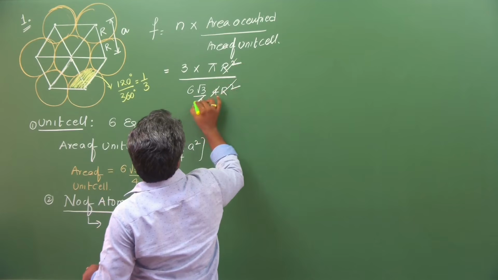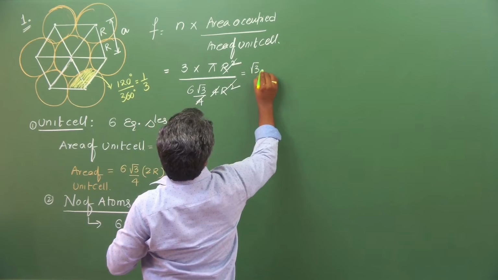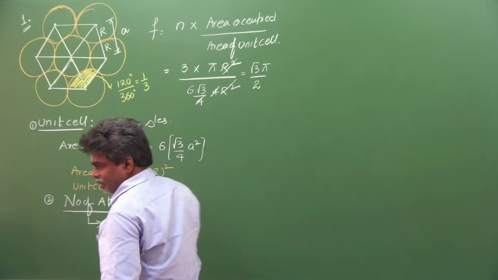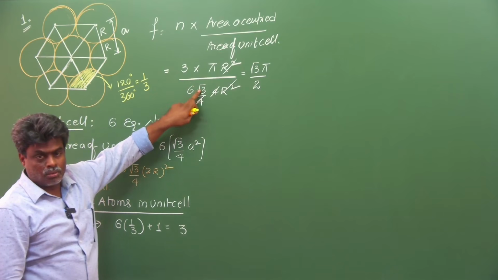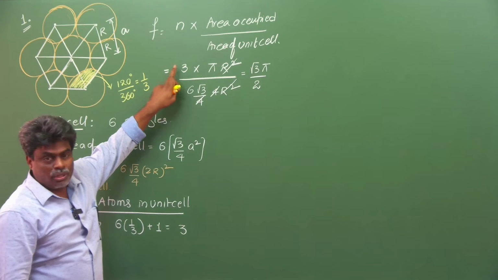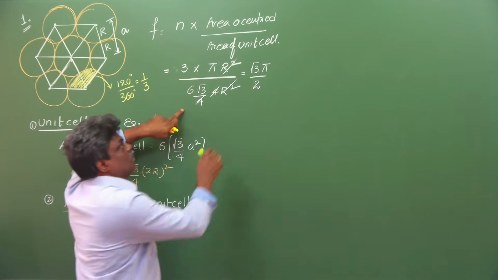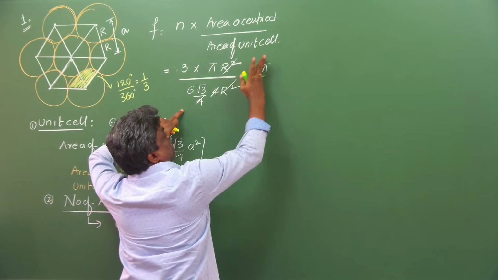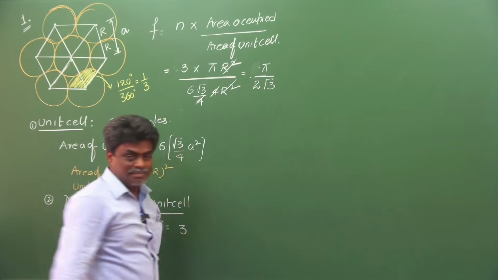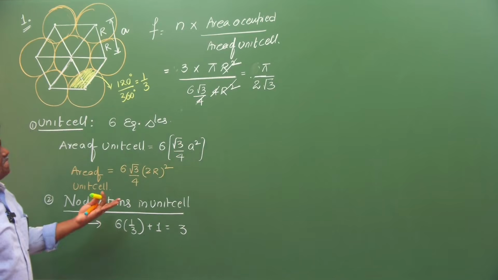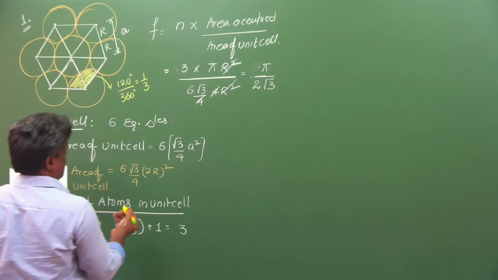R square, 4, and the answer I think it is root 3 pi by 2. Check. Is it okay? Root 3 cancels, root 3 by 6. Root 3 by 6 is what? Pi by 2 root 3. That is the answer. Clear? Right. Take the options also because it is a CSIR question.